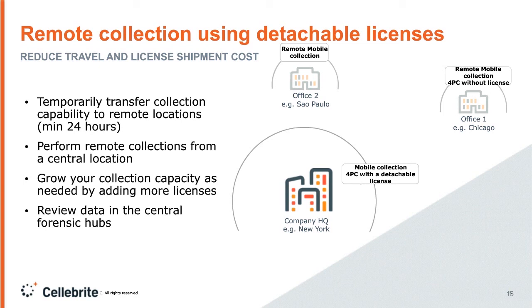Eventually it's about operational efficiency. John talked about removing the need to travel or removing the need to ship dongles and licenses across the globe. And with detachable license, this is exactly what you are achieving.